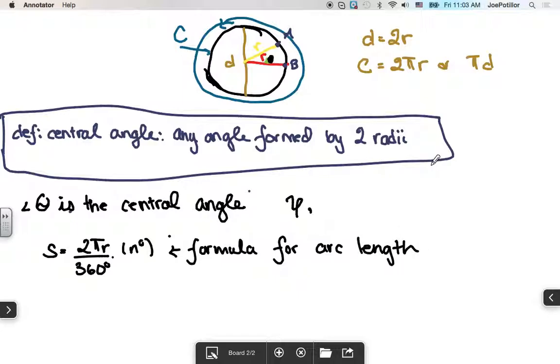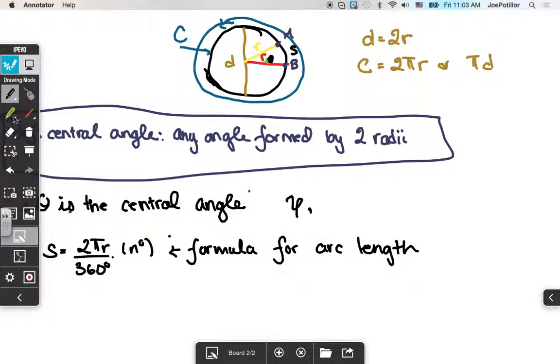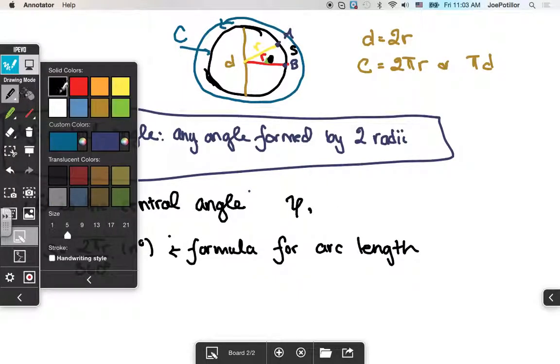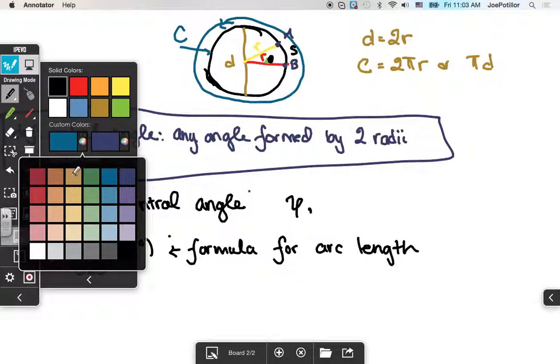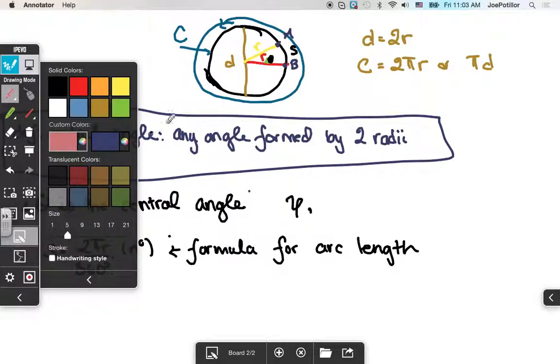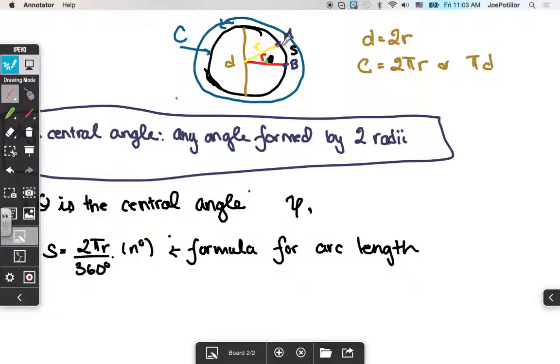The formula for arc length, in this case, S is formed by this little piece here.